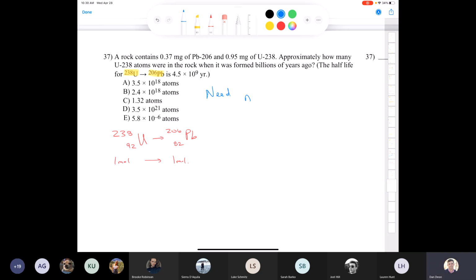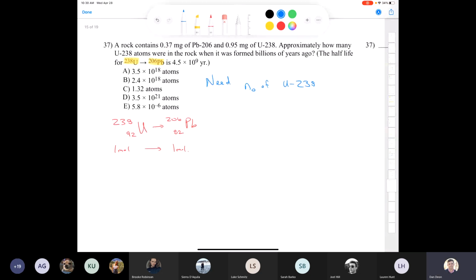I need to know the original amount of uranium-238. Well, if at the end, after billions of years pass by, I have 0.37 milligrams of lead, that's 0.37 times 10 to the negative 3 grams of lead-206.